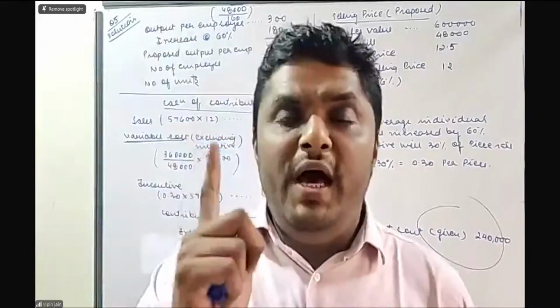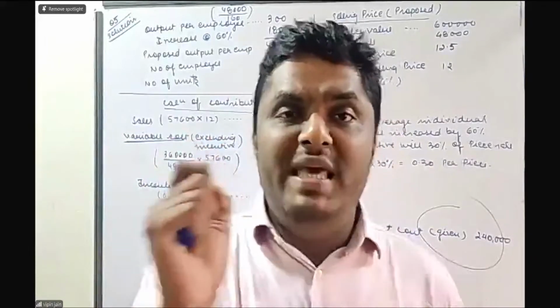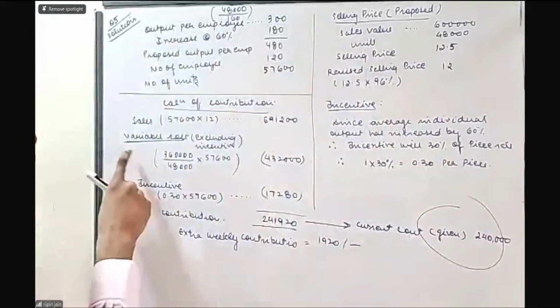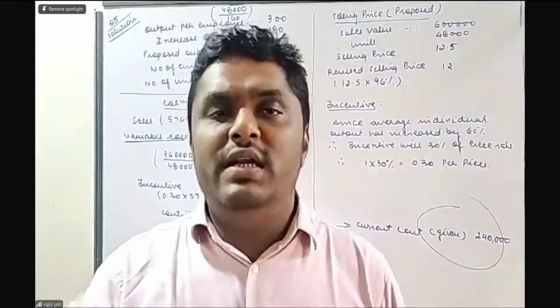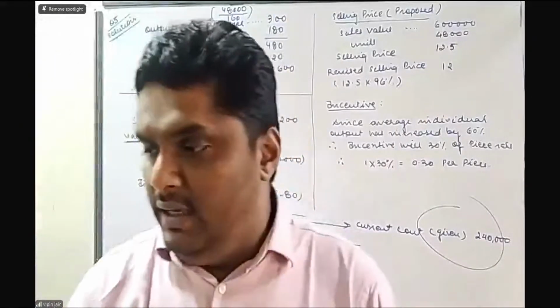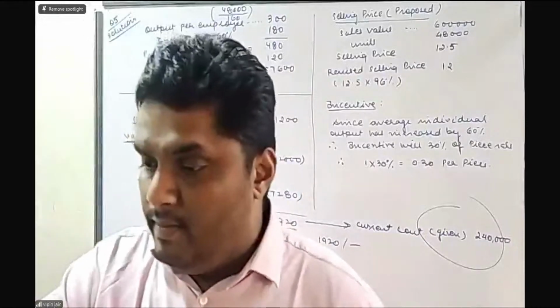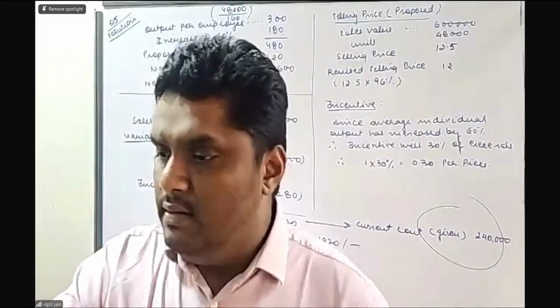See, 1 rupee piece rate is already included in this variable cost. So 30 paisa is only not considered, that I have considered this part separately. Anyone else?